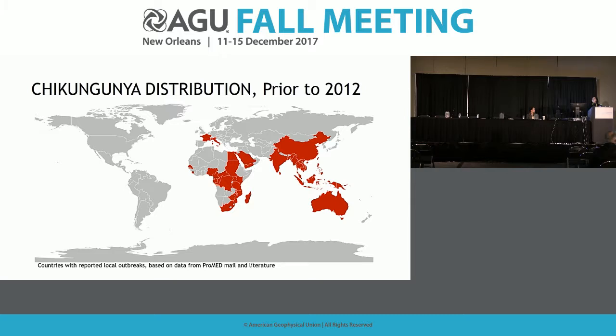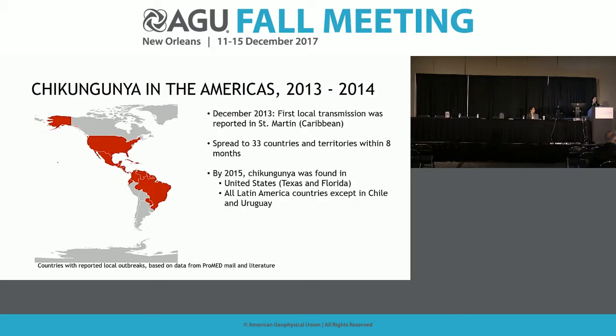Around 2012 and before, chikungunya could be found in Africa and Asia, including Southeast Asia. But in 2013, chikungunya emerged in the Americas. It started on St. Martin Island in December 2013, which is when the first local transmission was reported.